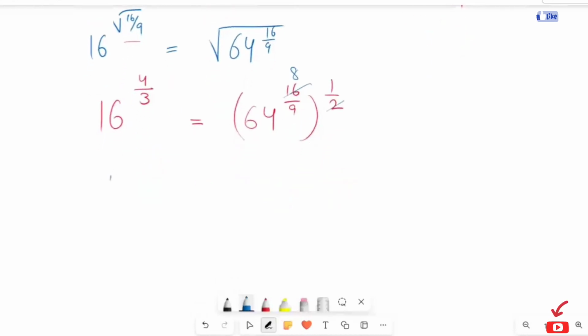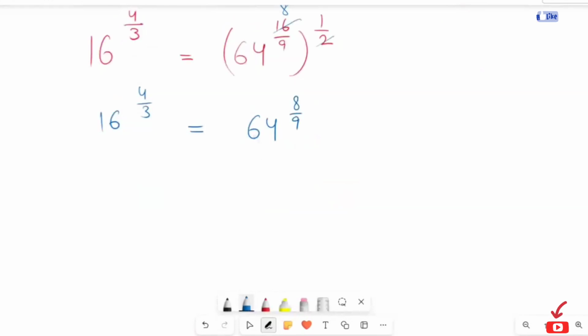So here we have 16 raised to power 4 over 3 is equal to 64 raised to power 8 over 9. Now we are going to change this 64 in the form of power. So we'll get 16 raised to power 4 over 3 is equal to 4 raised to power 3, and whole raised to power 8 over 9.